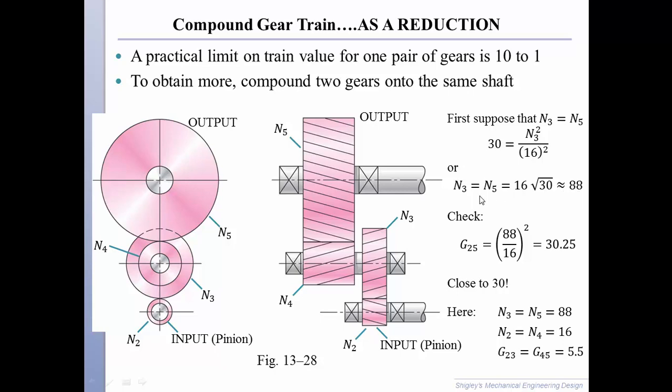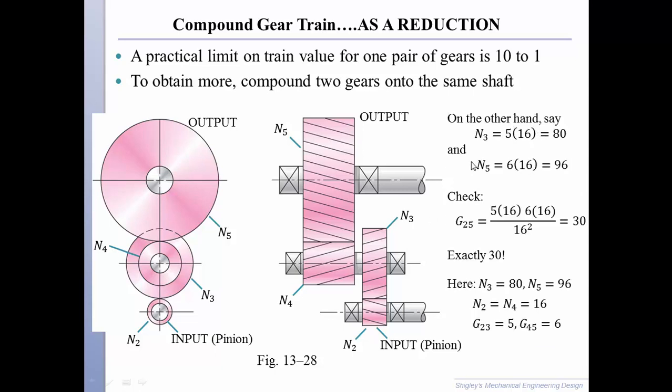Since you can't have a fraction of a tooth, you round it up to 88, and if you check your gear ratio, you would actually have two stages of 5.5, and that would be a 30.25 gear ratio, pretty close to 30, with N2 and N4 both being 16, and then 3 and 5 being 88. So that's pretty close.